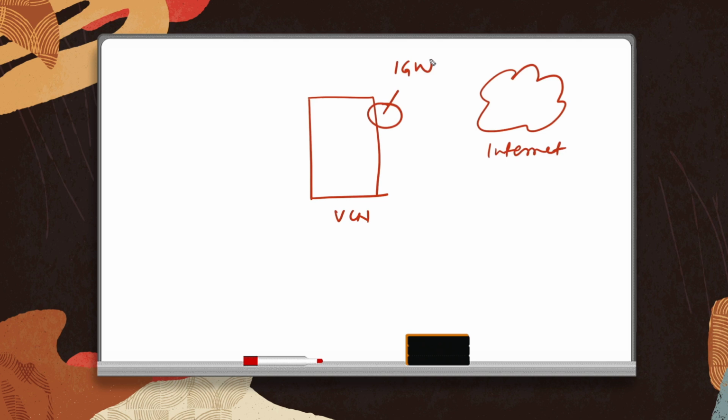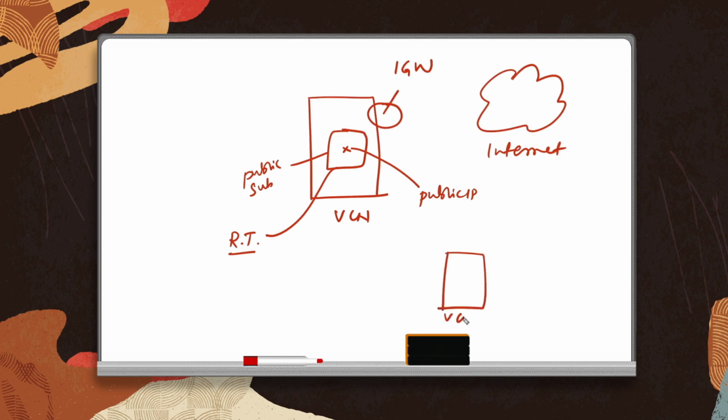Who can send traffic to internet? So for that to occur, the instance must be in a public subnet. So this particular instance is in a public subnet. This particular instance must have a public IP. And then the subnet in which the instance resides must have a valid route table entry pointing to internet gateway.